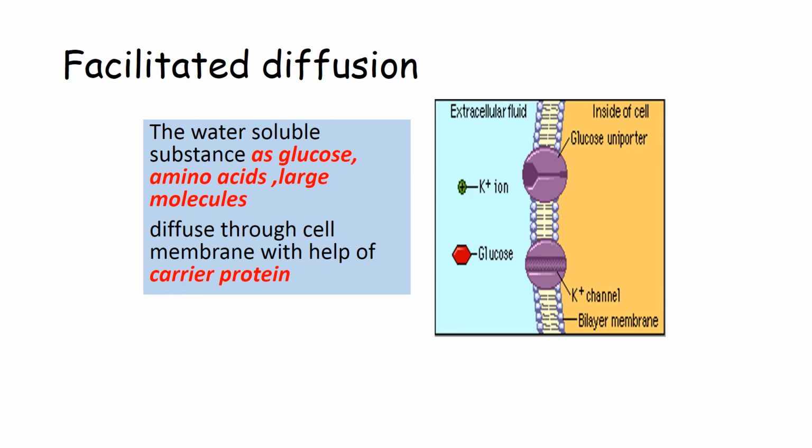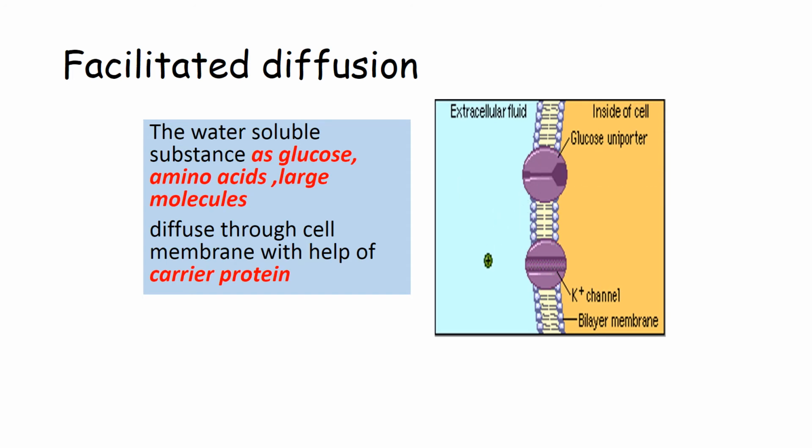Facilitated diffusion plays a role when the water soluble molecules are large, for example glucose and amino acids, or large molecules which cannot diffuse through the ion channels. We need a separate carrier molecule. You can understand this with the help of this animation, where a glucose molecule, red in color, cannot pass through the ion channel because it is large in size.